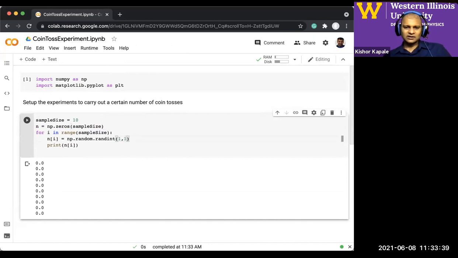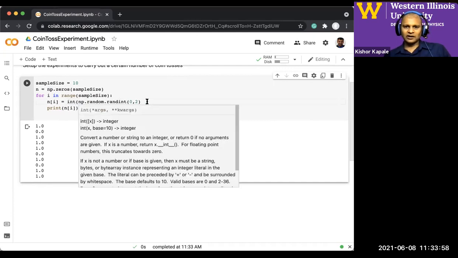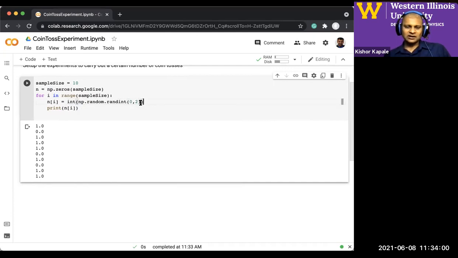Well, let's try 0 and 2. Sometimes the way these things work in Python, the second integer is excluded. Okay, this works: 1 0 1 0. It's giving us 1 and 0, but as a real number. We don't need a float, so I'm going to convert that into an integer, and let's print that again.